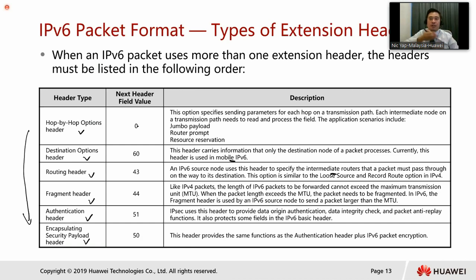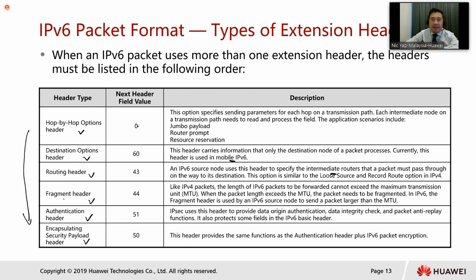So I need to put the routing header inside to say that these routers must be passed through before I can route to the destination. So inside the IPv6 header, you need to include the routing header. They pass through these routers before you go for the next hop. Okay, you need to define which router they must pass through. It's in the routing headers.